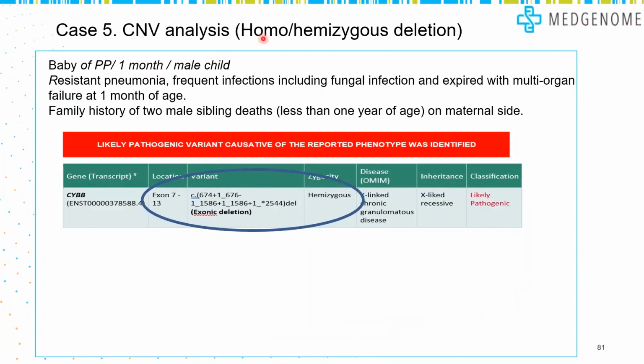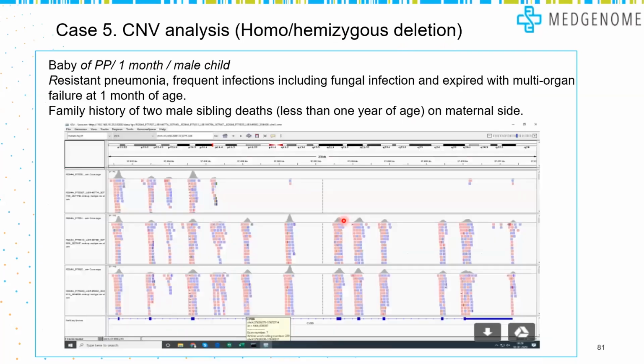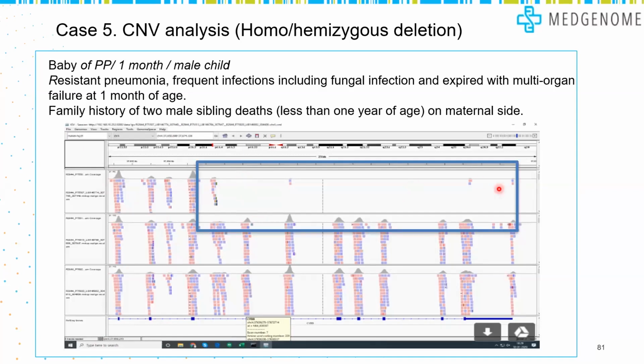For homozygous or hemizygous deletion, it is much easier to report because it is clear on the IGV. So here you can see when you compare the coverage, the exon coverage. These are the exons of this CYBB gene. And you can see that there is a large area which is not at all covered in this sequencing.